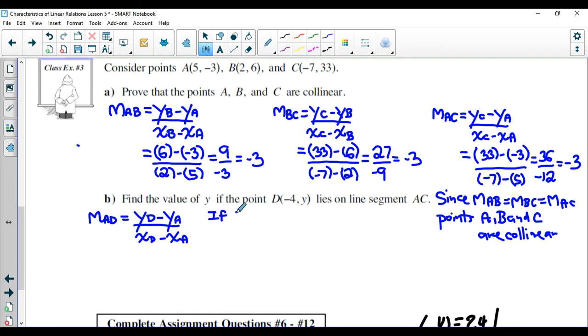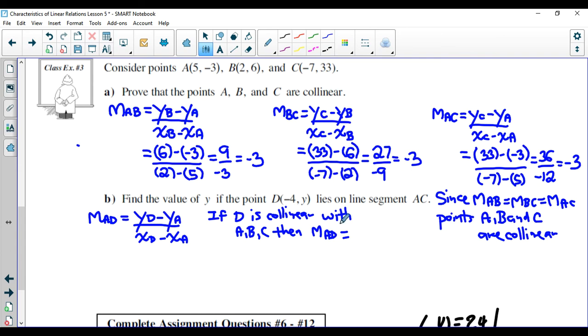Now, if D is collinear with A, B, and C, then the slope from A to D must be the same as all these other slopes here.